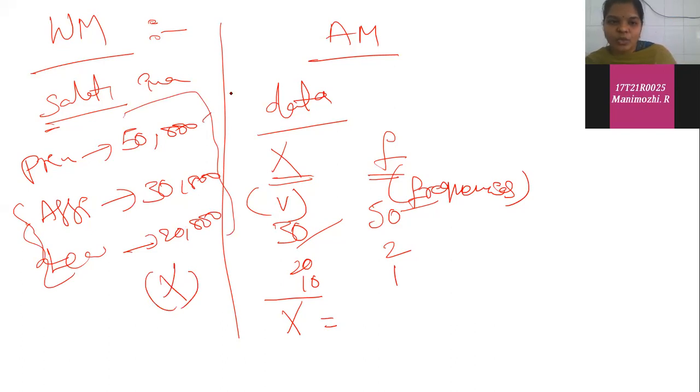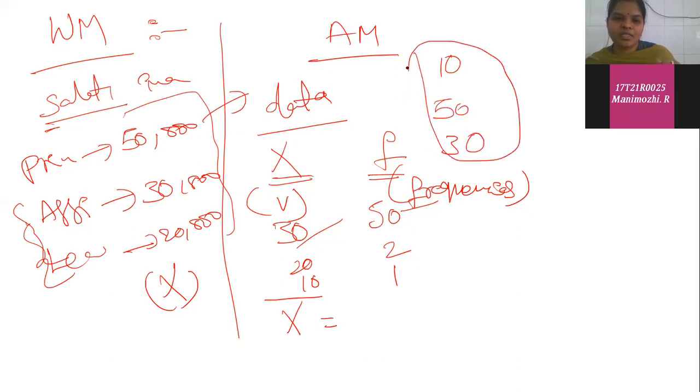With respective frequencies 10, 50 and 30. Just take these three values here: 50,000 stands for 10, 30,000 stands for 50, 20,000 stands for 30.